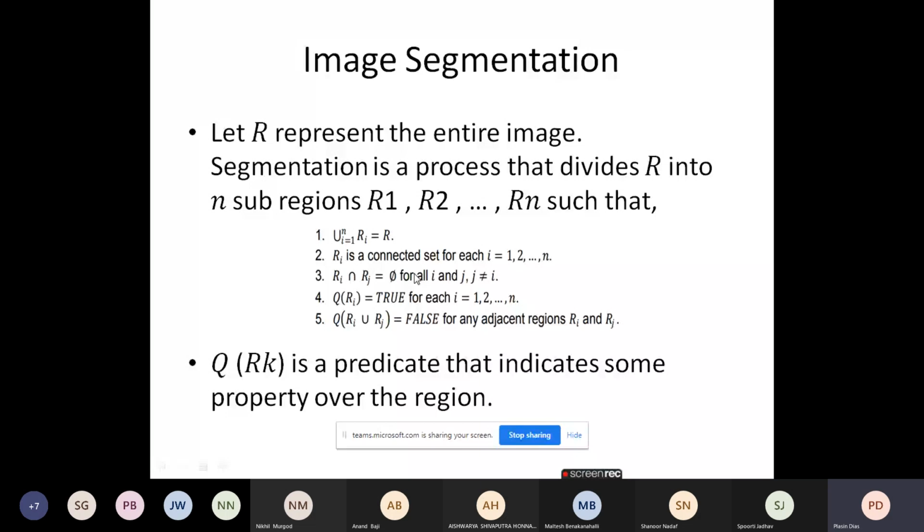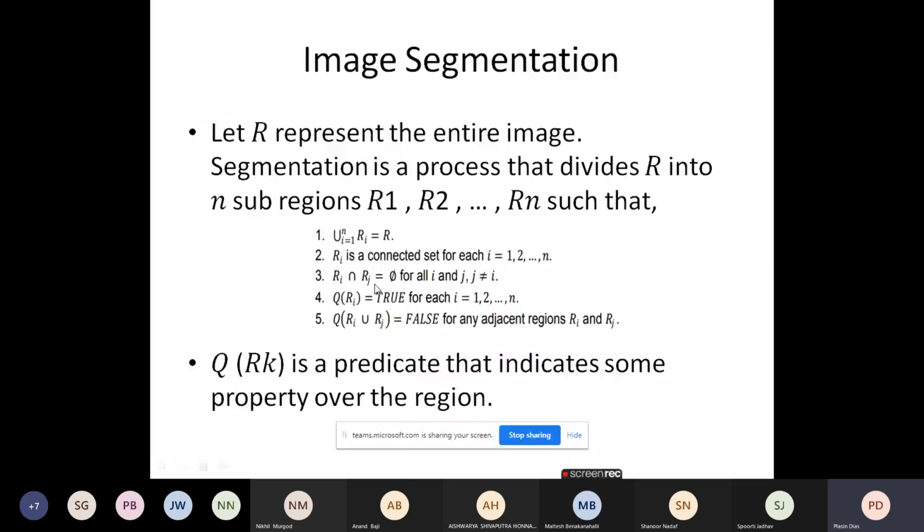So you can say that points must be 8 connected, 4 connected, like that. When you say connected, we are trying to indicate that points must be 8 connected or something like that. Okay. So let's see the third condition.